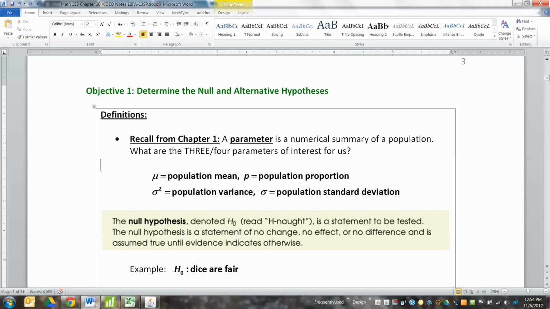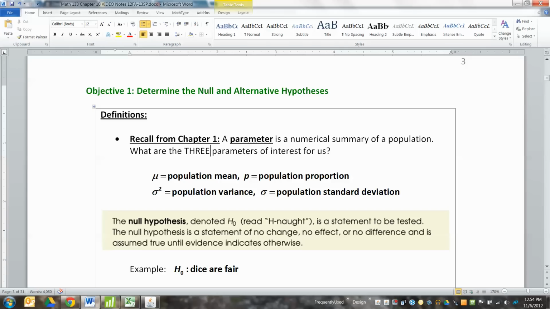Namely the population mean, what's the average, what's the center, and the population proportion. That's a really big one, right, for polling, surveys, elections, all that stuff. Even customer satisfaction surveys and things like that. That's proportion. The variance and the standard deviation. Now, this is where we get to the 4 thing, because variance and standard deviation are kind of the same thing.